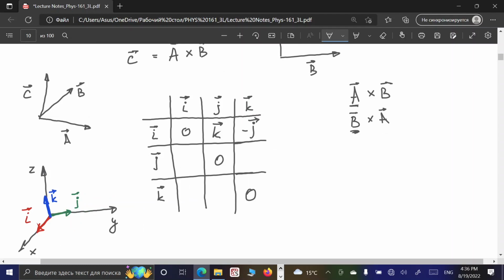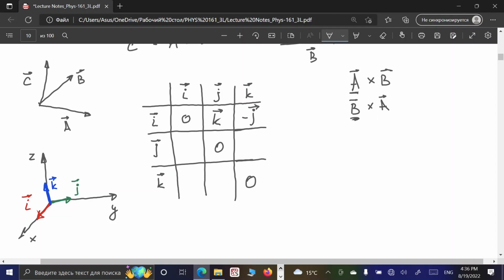Okay, so following the same approach, we can fill out all the rest of these empty cells. So j unit vector times i unit vector will give us minus k unit vector. j times k unit vector will give us i unit vector. Then we have k unit vector cross product i, that will be j.